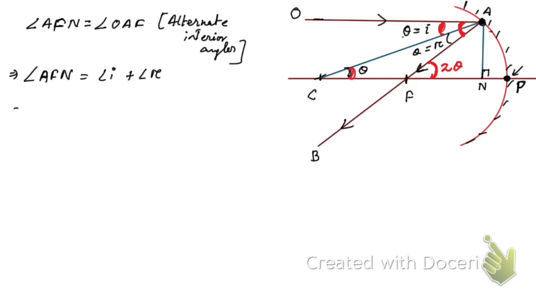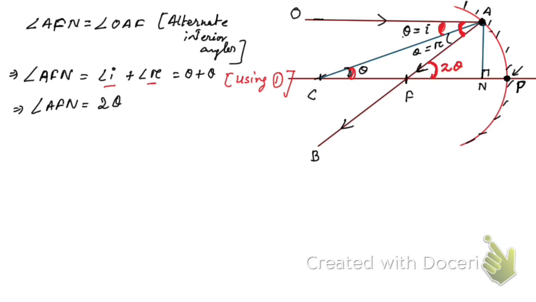So theta plus theta, which implies AFN is equal to 2 theta, right? That's it, we can write. Using equation number 1, because these two are theta. Hope you have understood this.